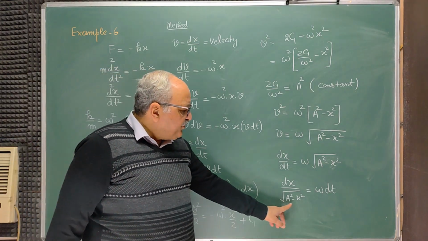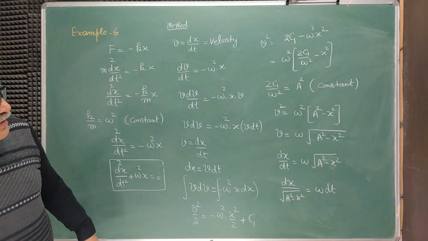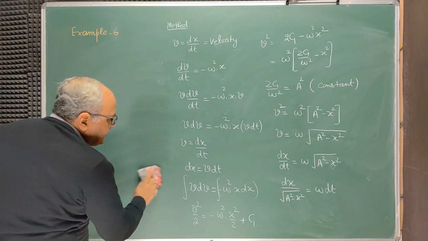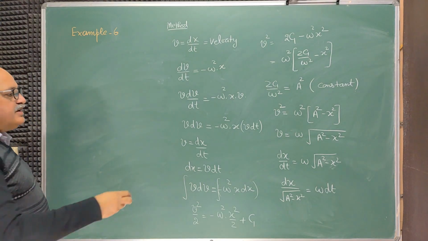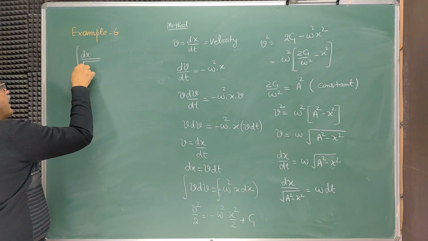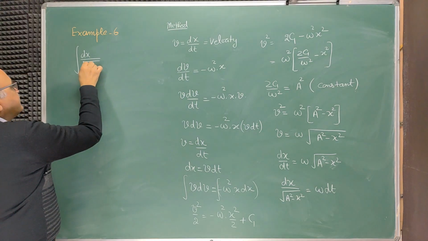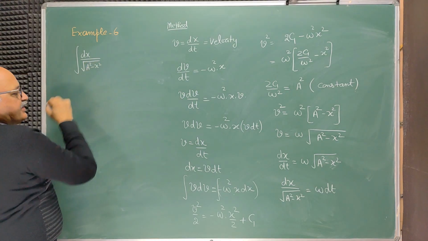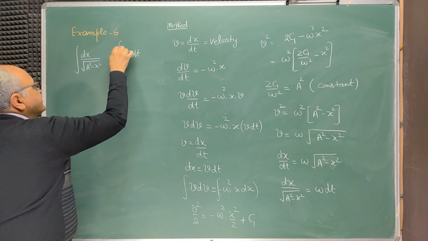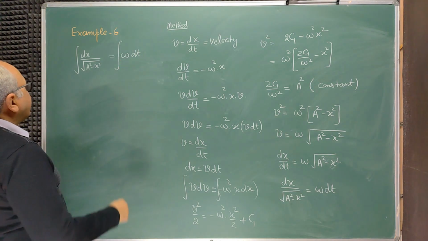Now this equation is fit for integration, and if you do that, this will give me the integral of dx over under root of a square minus x square is equal to the integral of omega dt. I can integrate this.